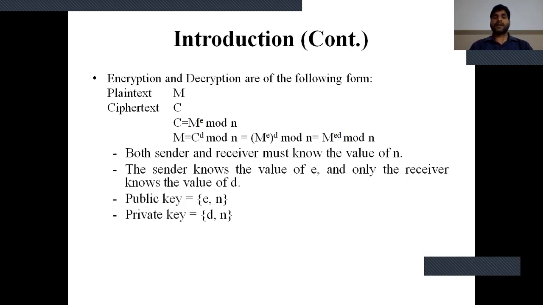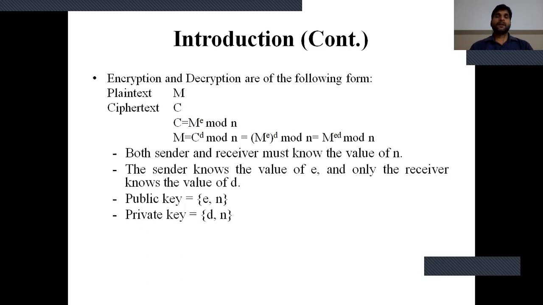Plain text is denoted by capital M, which is the original message generated by the sender, and ciphertext is denoted by capital C. Ciphertext is produced by encryption of the plain text like this: C equals M to the power E mod N. After the encryption of the plain text, the receiver decrypts the message by using the decryption key.